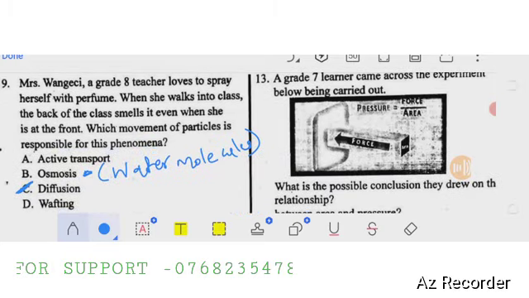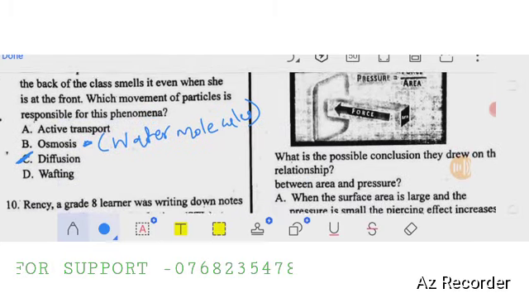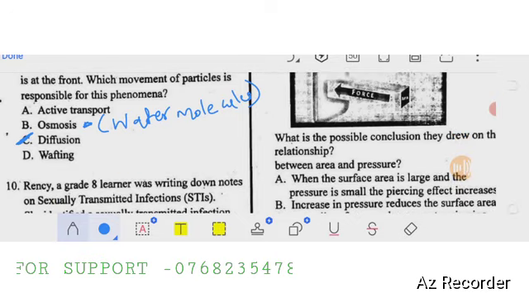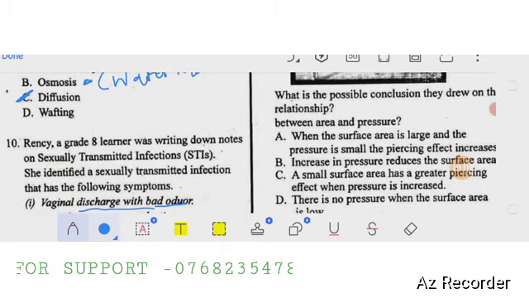Grade 7 learners came across an experiment being carried out. So we have a formula which says pressure is equal to force over area. Which of the following conclusions do they draw on the relationship between force and area? Remember, when the area is large, the pressure reduces, and when the area is small, the pressure increases.